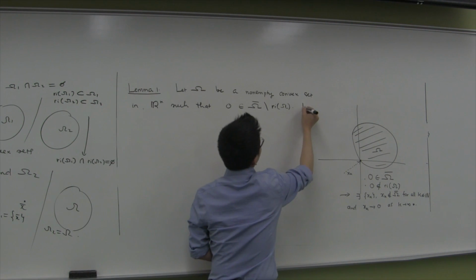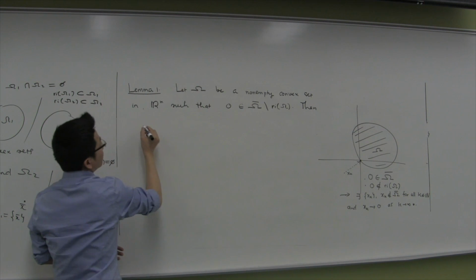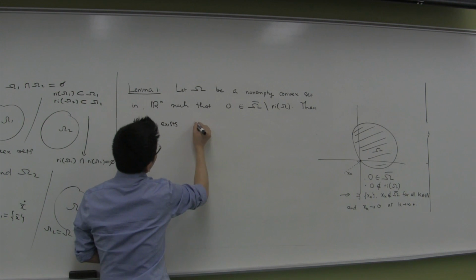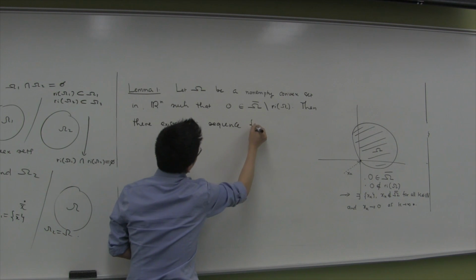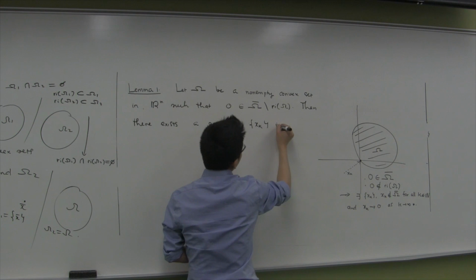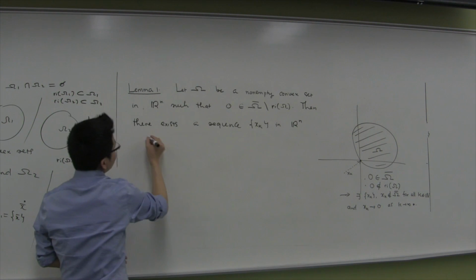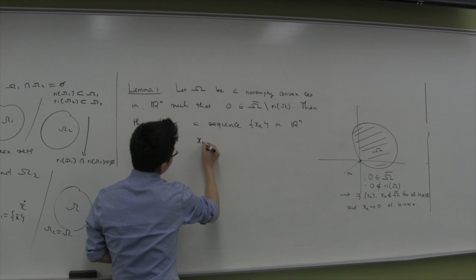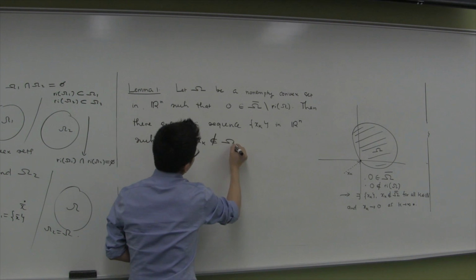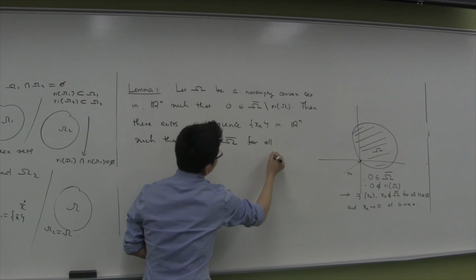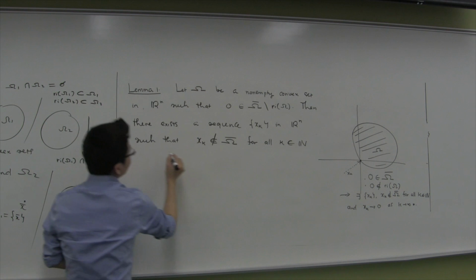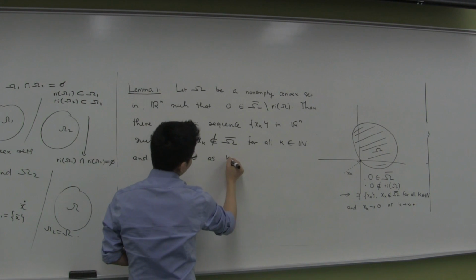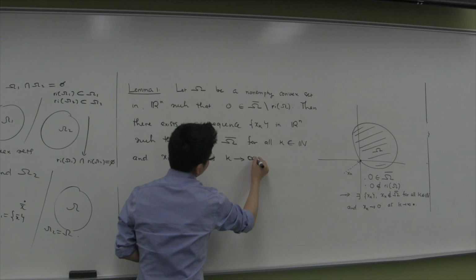Then there exists a sequence xk in R^n such that xk doesn't belong to the closure of omega for all k, and xk converges to 0.